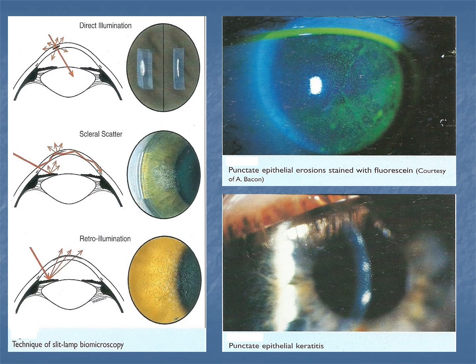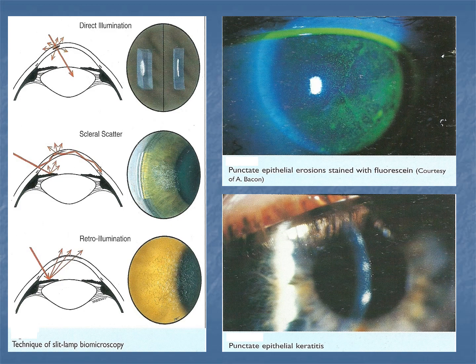In the left hand picture, you can appreciate that due to different methods of examination on the slit lamp, you can appreciate certain lesions more properly. By direct illumination, you can find the general outline of the cornea, general luster and appearance.